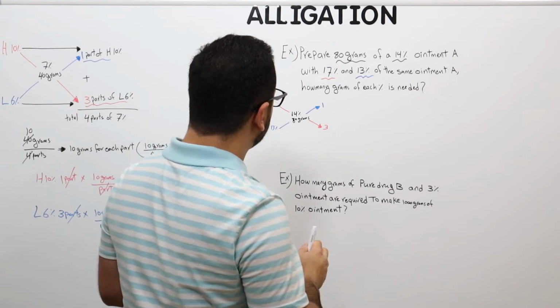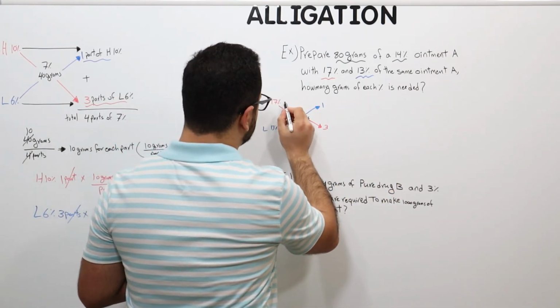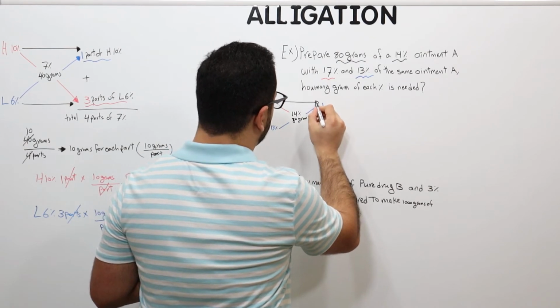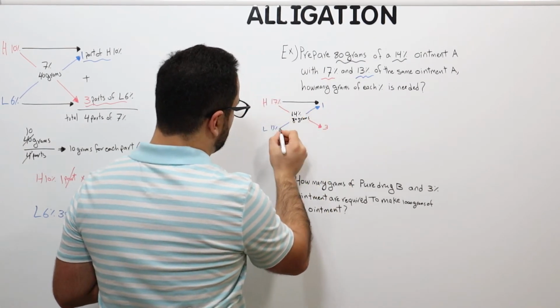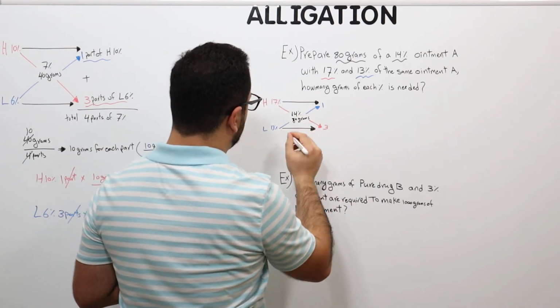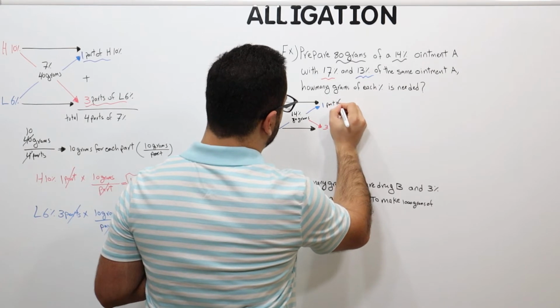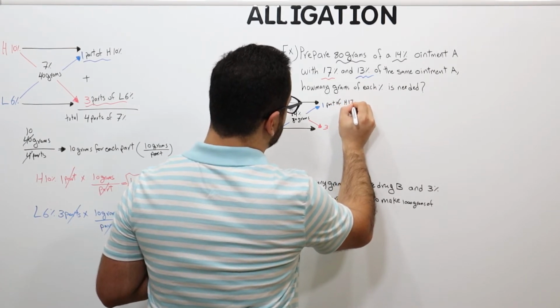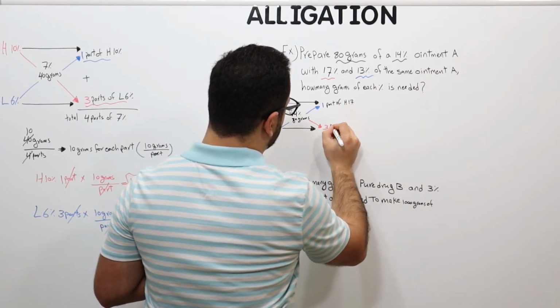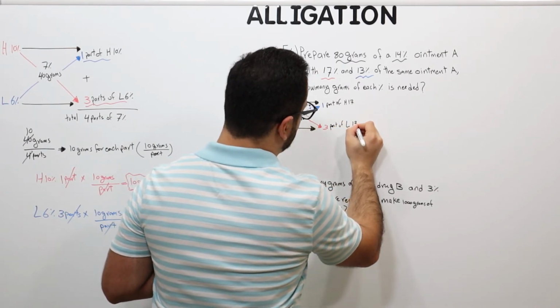And now we're going to place the other 2 lines that are going to give us the number of parts for the high and low concentration. So this is 1 part of high, which is 17%, and 3 parts of low, which is 13%.